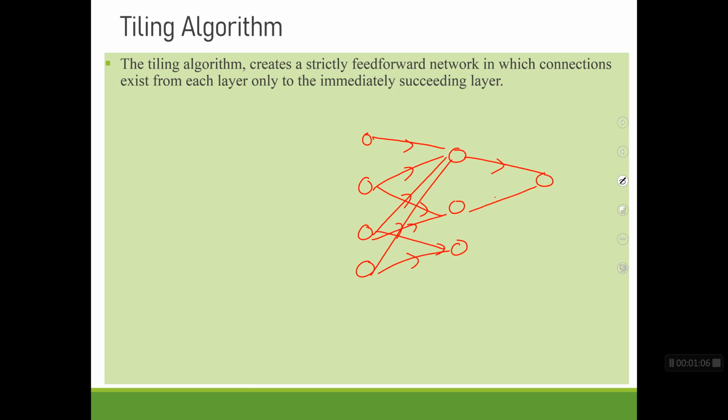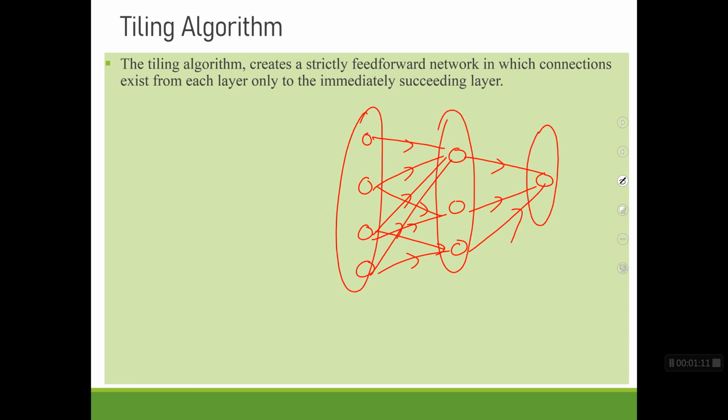So it would be going from the input layer to the hidden layer to the output layer, and finally the output layer will produce the final output. So basically there will be connections which will be existing from this layer to the next layer and from this layer to the next layer. So it is said that connection exists from each layer only to the immediately succeeding layer. So no connections from the first layer to the last layer. The connections will be from the first layer to the second and the second layer to the third, like this.